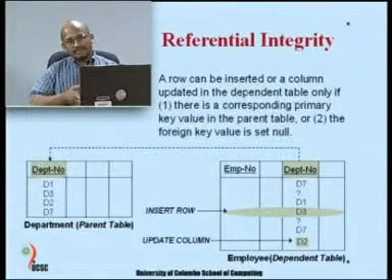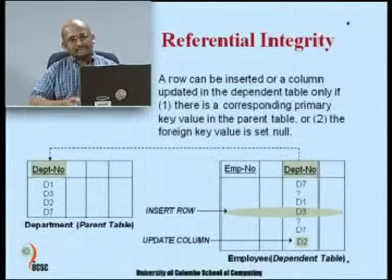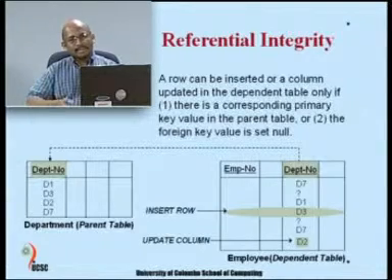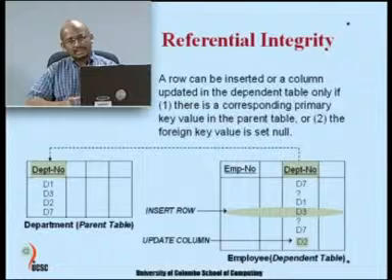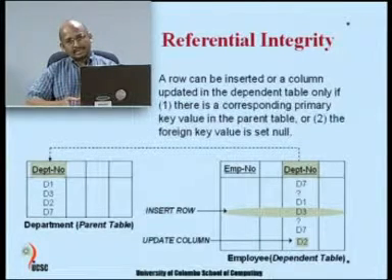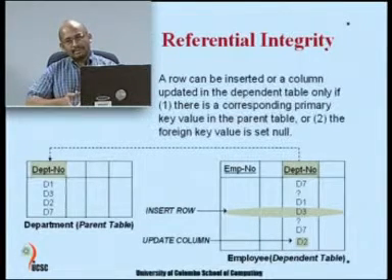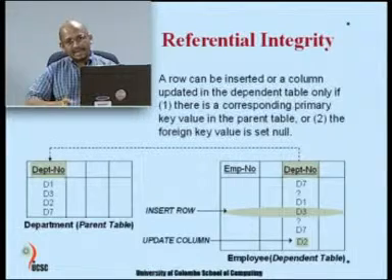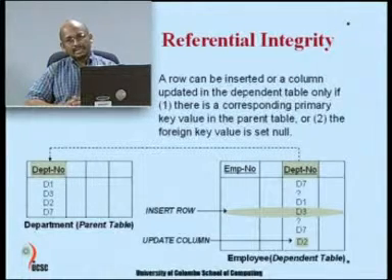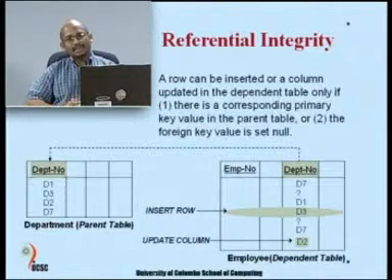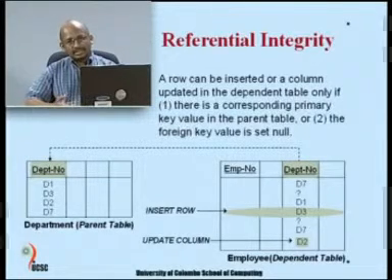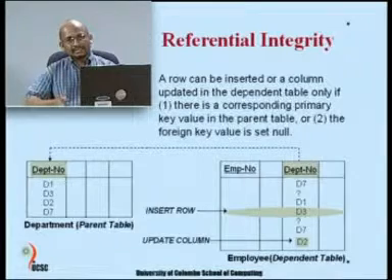You cannot have two instances with the same value, but in a foreign key it is possible. So, the advantage of a foreign key is that whenever you put a value in the employee table under that department number column, it will validate with the department table to ensure that the number already exists there. If it does not exist, then it is a violation.